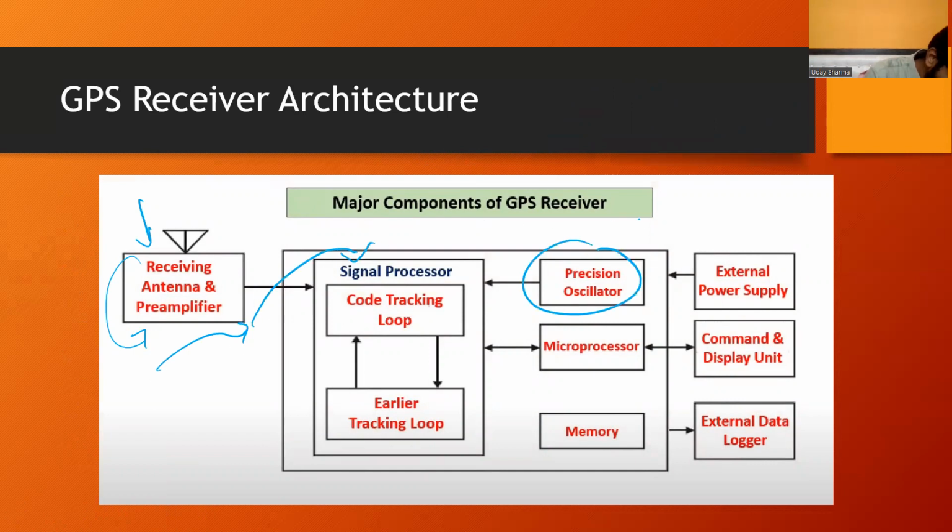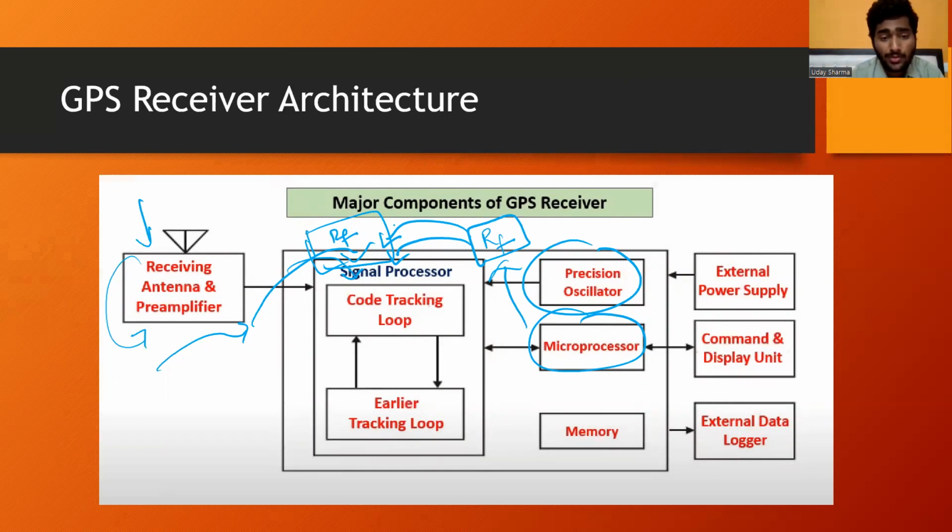Here, the precision oscillator sets a reference frequency for the signal processing, so the devices or microprocessors connected to it work at this reference frequency. So the preamplifier and the oscillator work such that the reference frequency is set and the signal is sent to the signal processing unit at the reference frequency only.